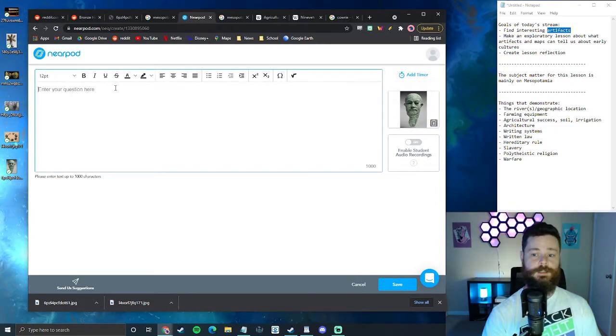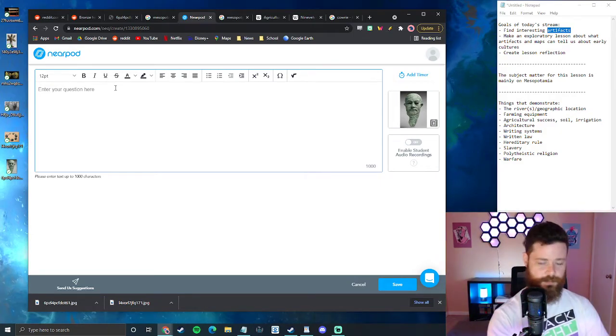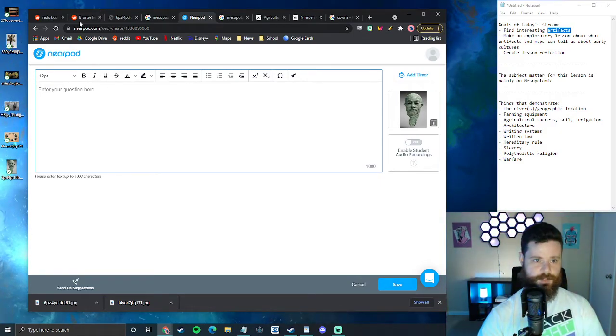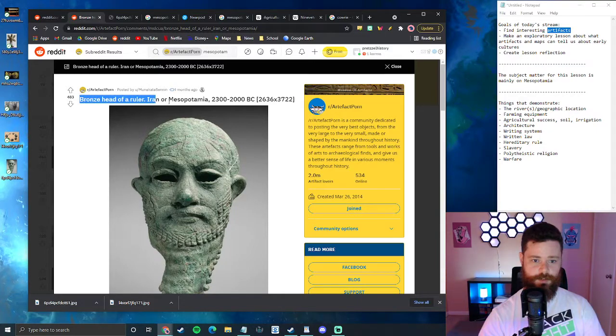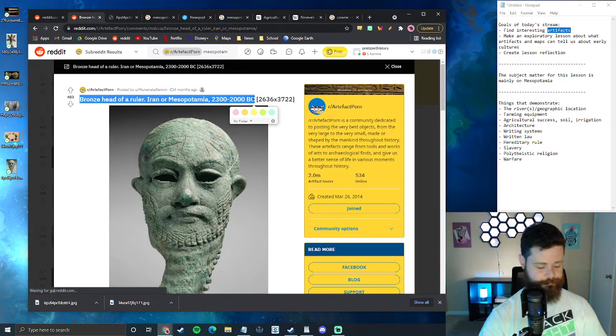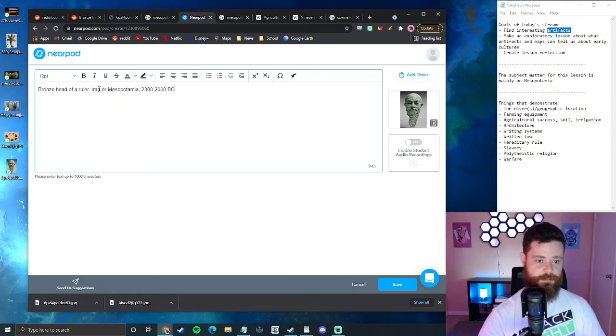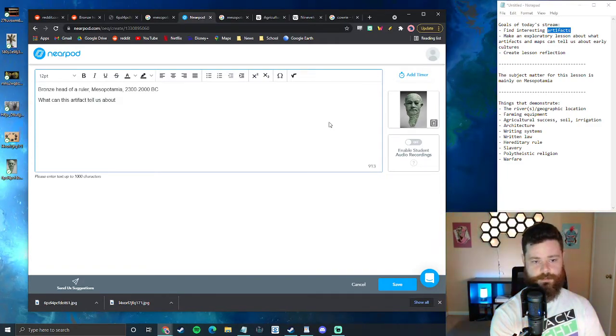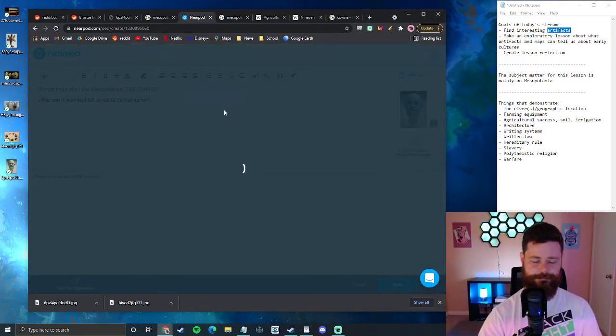That's ideally one of the goals. So how do they describe it? Bronze, head of a ruler. Okay. I'm just going to put Mesopotamia. That way it doesn't get super complicated for them. What can this artifact tell us about Mesopotamia?